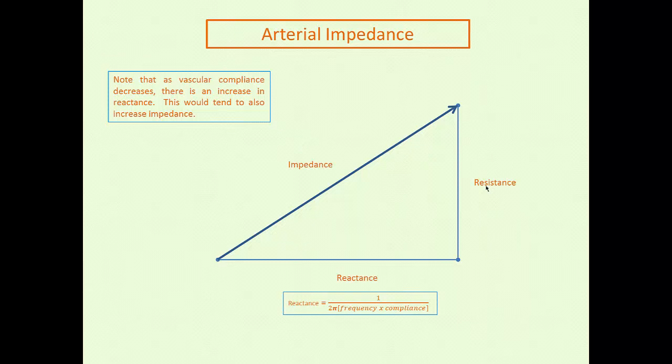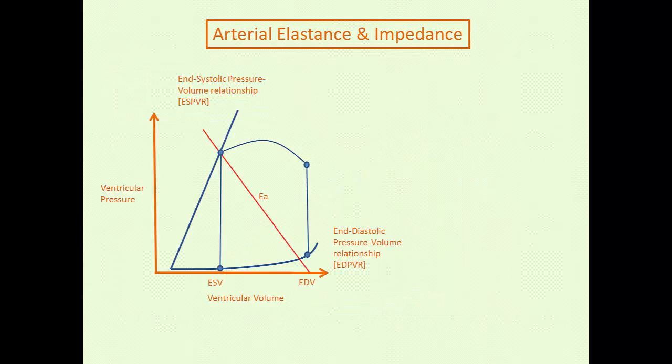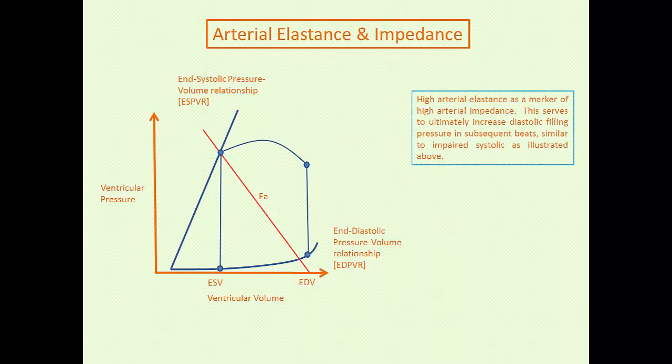I forget the exact ratios, but I think it might be on the order of 3:1 or so, but the reference will be in the written volume. Resistance is the more important determinant of overall impedance, but certainly the distensibility of the arteries matters as well.